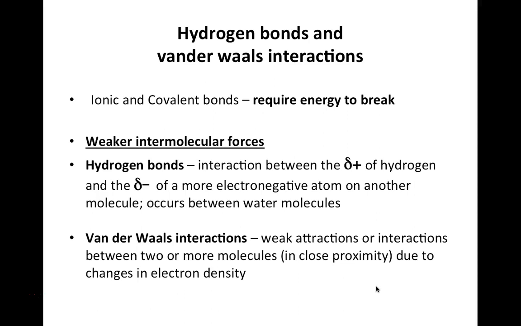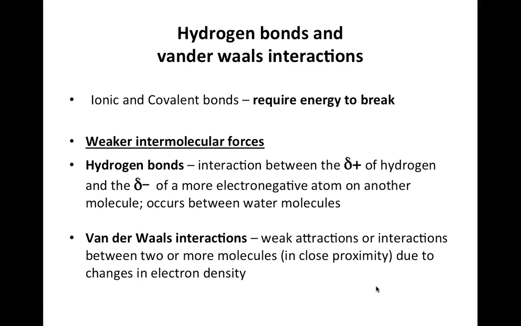They're weak positive and negative charges on different separate molecules that are going to loosely hold structures together. And these weaker forces, we call them weaker intermolecular forces, are very important in biological systems.